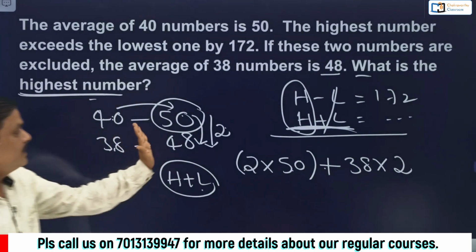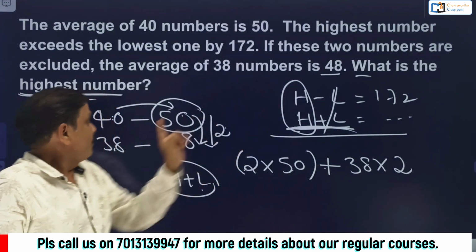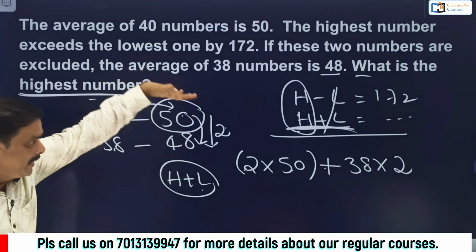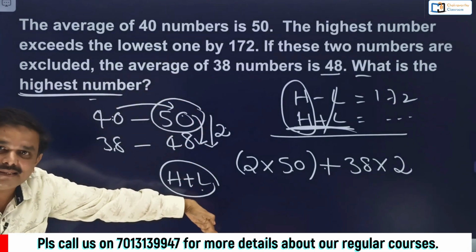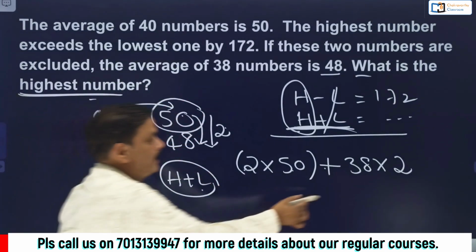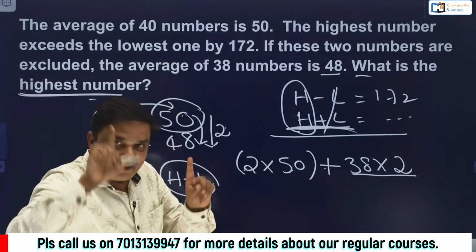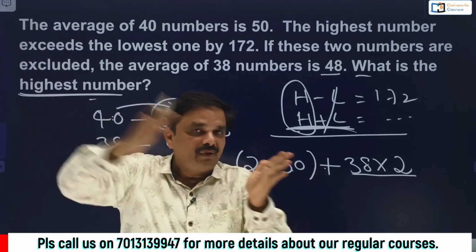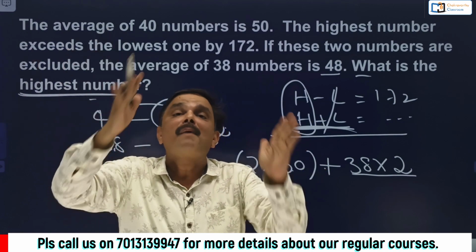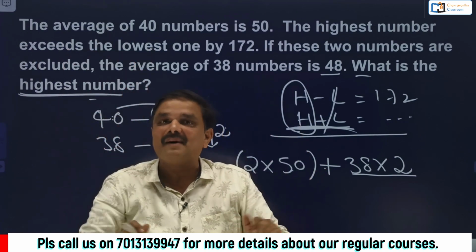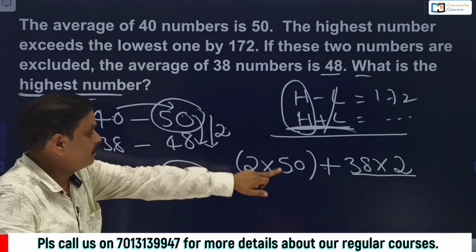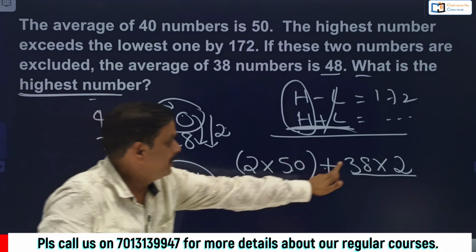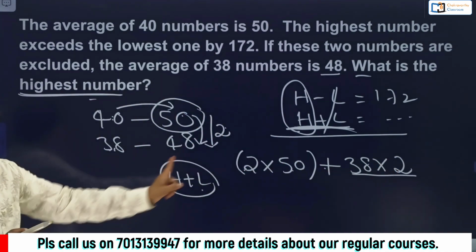Because when these two numbers went away, for these numbers, on an average, it has been decreased. Total how much decreased? This much decreased. That means the numbers which we have taken out, sum of those numbers, not individual number, must be equal to 2 into 50 plus 38 into 2. All of you agreed for this one?